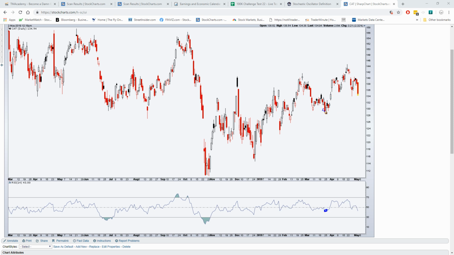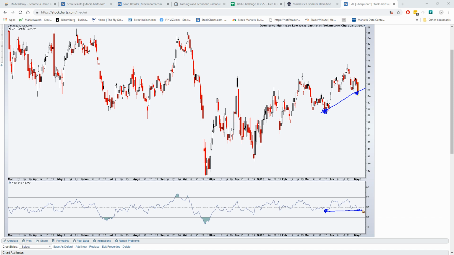RSI on Caterpillar right back here is the same level as the RSI right up here. We have a stock that's trading significantly higher while the RSI is not. That's weakness. That is a negative type of divergence.